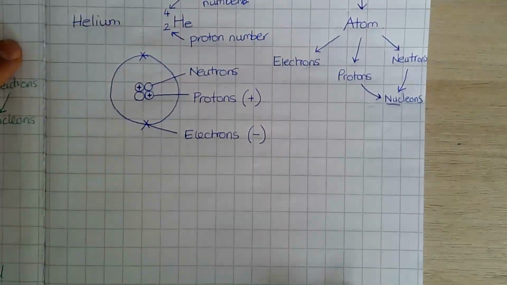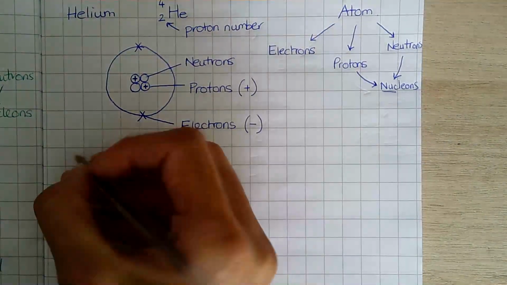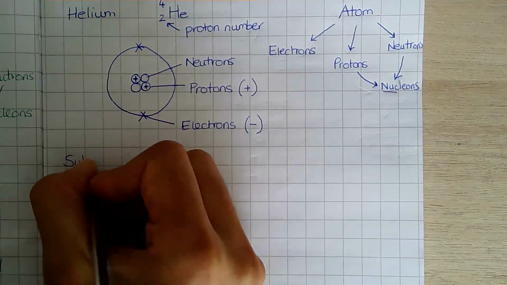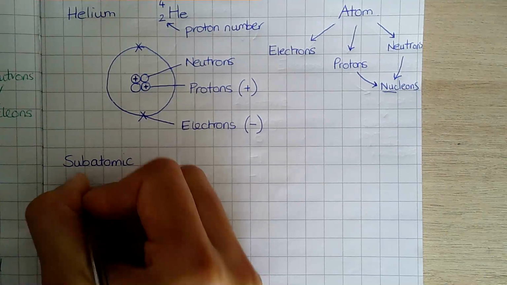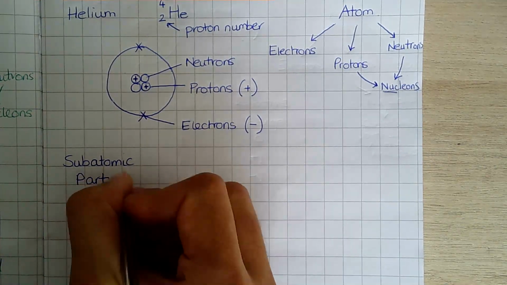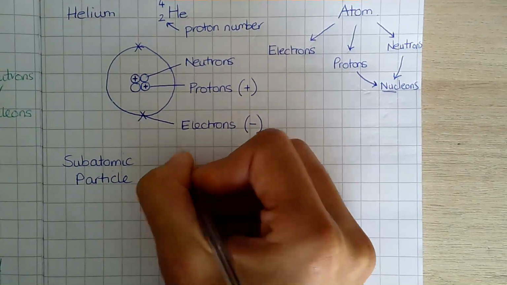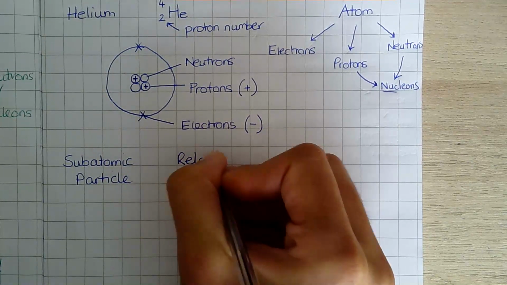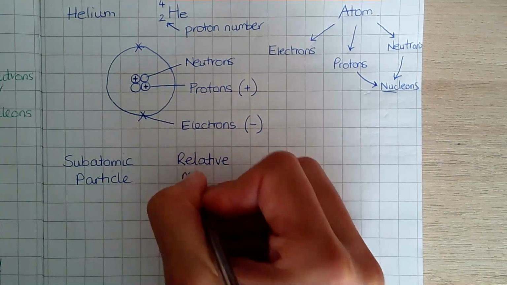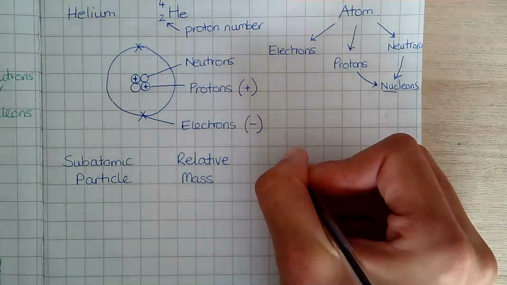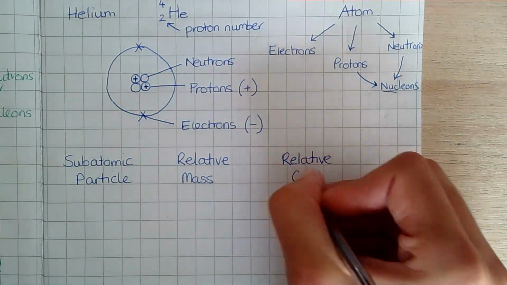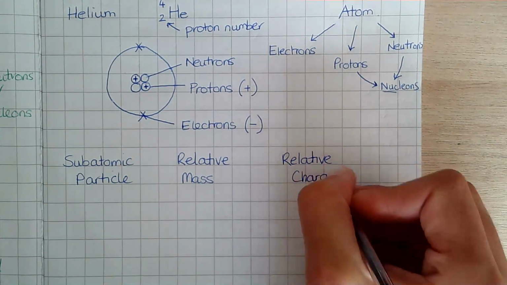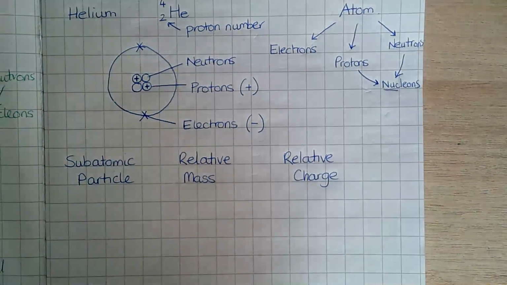So, just to move on slightly, there is something else you need to know about subatomic particles. We're going to look at what is called the relative mass and relative charge. So, no units for each because they are relative.